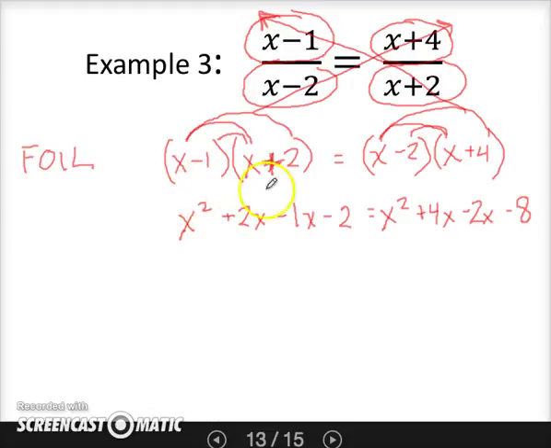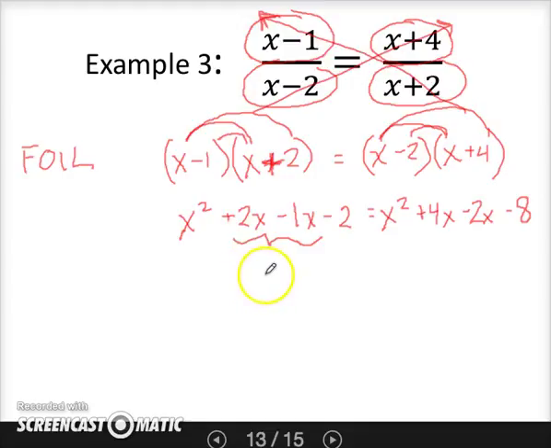Okay, this looks like an equation that you don't like to meet every day because it has an x squared in it and a regular x in it. But don't be too panicked because in this case, the x squareds are going to disappear. First, let's combine like terms. I have plus 2x minus 1x. So since those are like terms, they both have an x not to any power besides the first power.